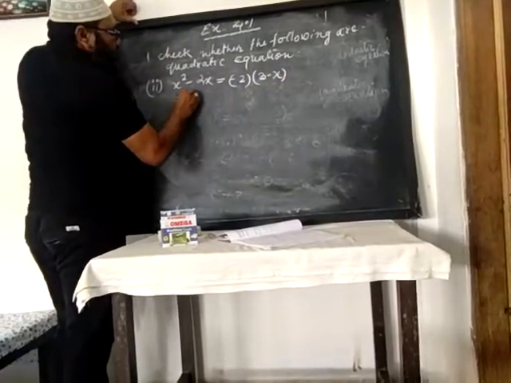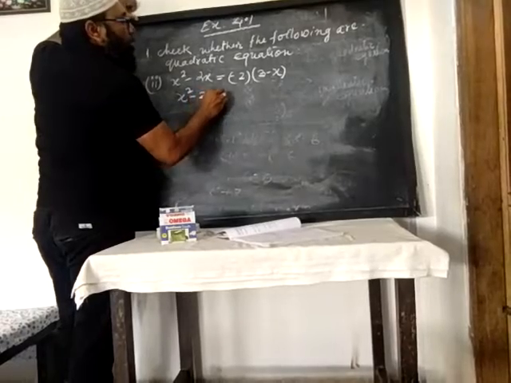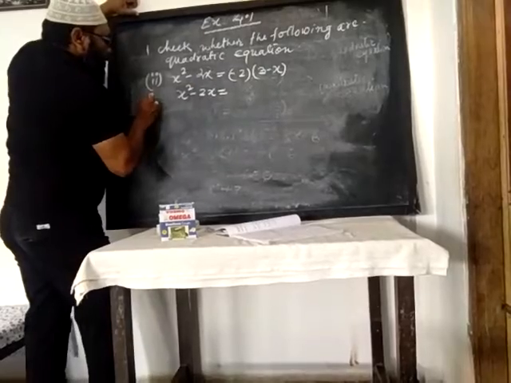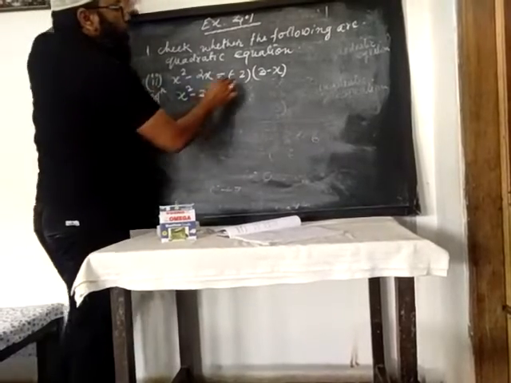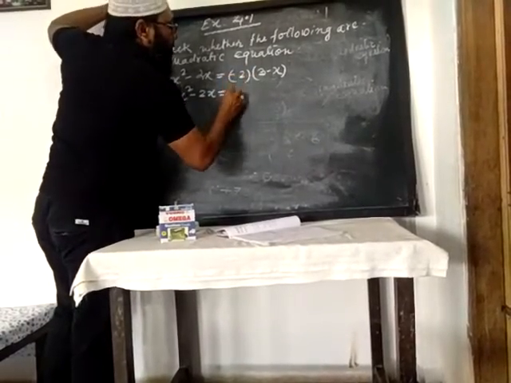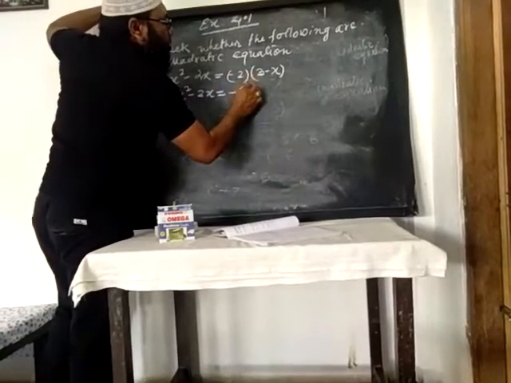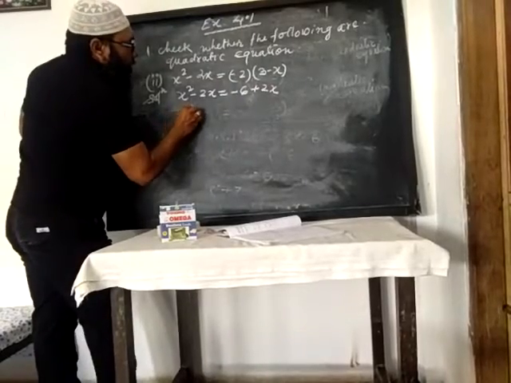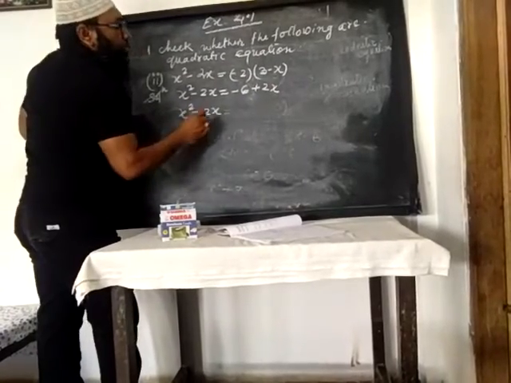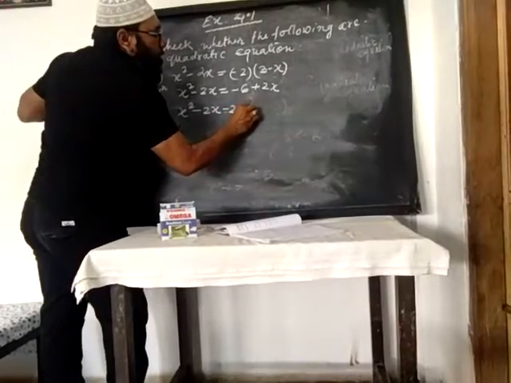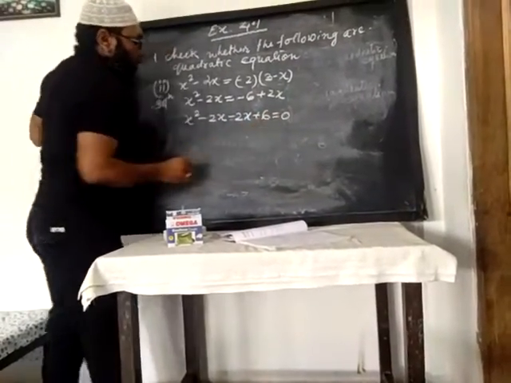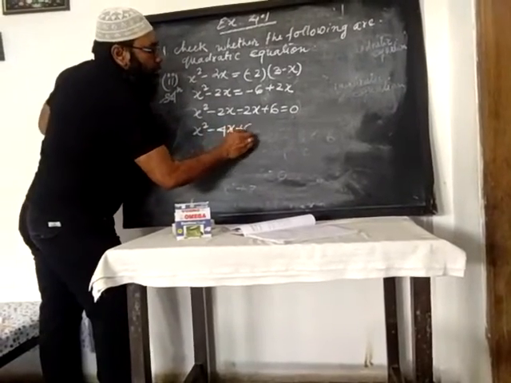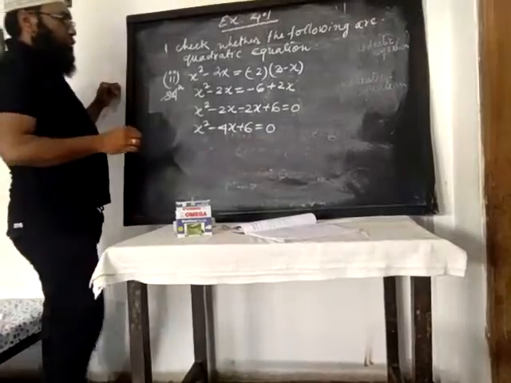Solution. x squared minus 2x equals minus 6 plus 2x. x squared minus 2x minus 2x plus 6 equals 0. x squared minus 4x plus 6 equals 0.